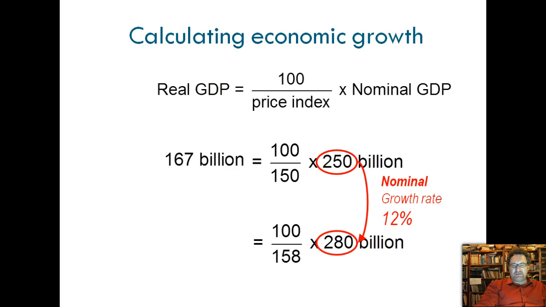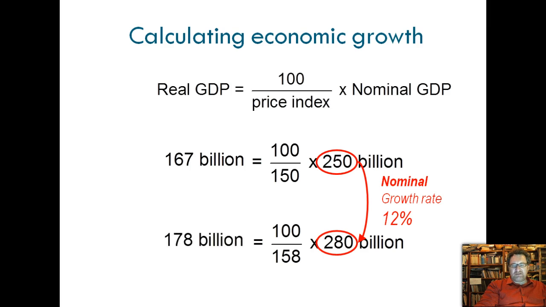Anyway, so we can calculate real GDP. So the $250 billion, thanks to the deflation down to base year prices, is $167 billion.